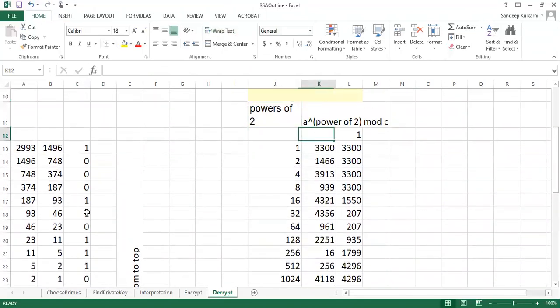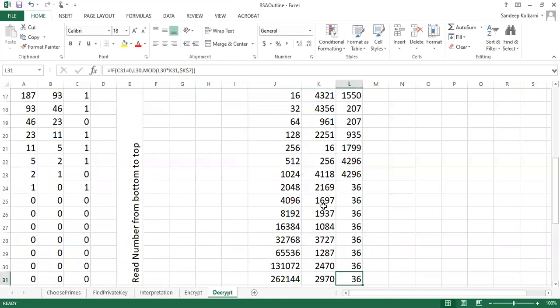So I'm computing 3300 to the power 1, to the power 2, to the power 4, to the power 8. And again, each time I'm computing this simply by squaring the previous term and taking modulo n. Keep doing, and at the end, we will find that the decrypted message happens to be 36.